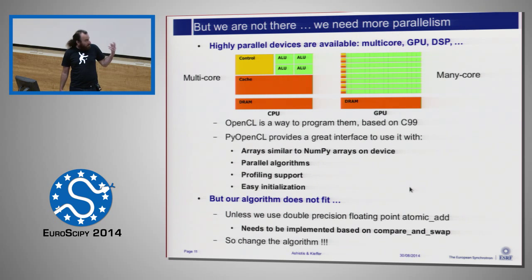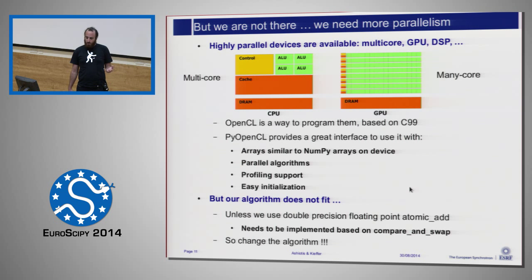And this can be done with the OpenCL standard, which is made for exactly that reason. The kernels, which are in principle the functions of OpenCL, are written in a C-like language.